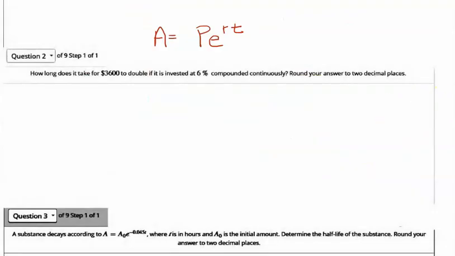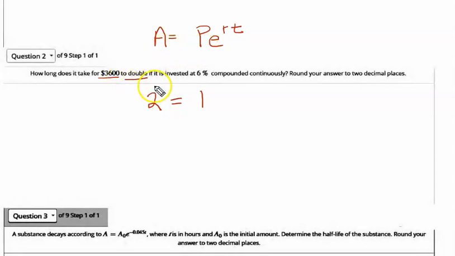Now, looking at question 2, it says, how long does it take this amount of principal to double? So we're going to do a little shortcut here. So we don't actually have to use this 3600. We could just say that that is 1, and we want our future amount to double.